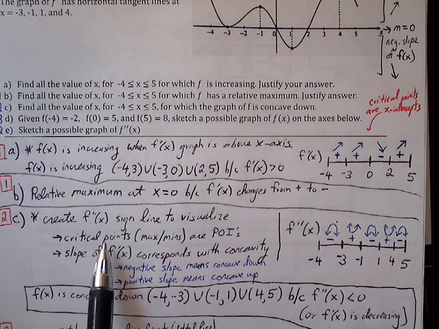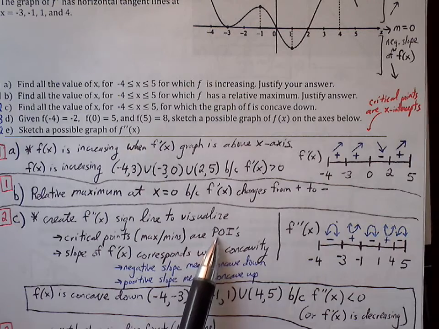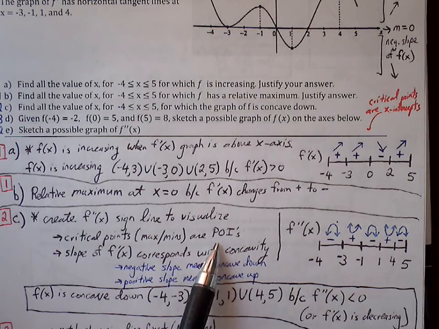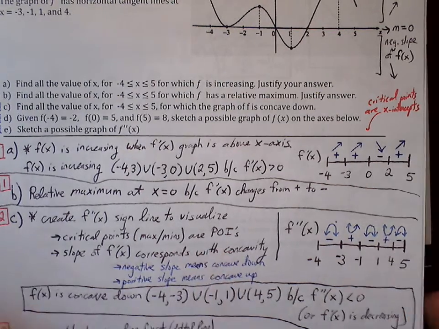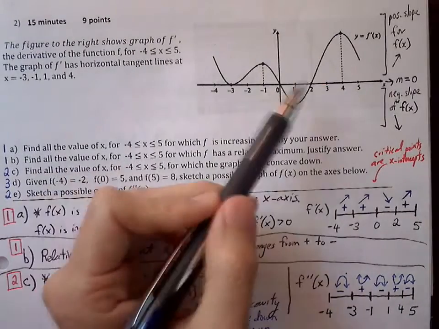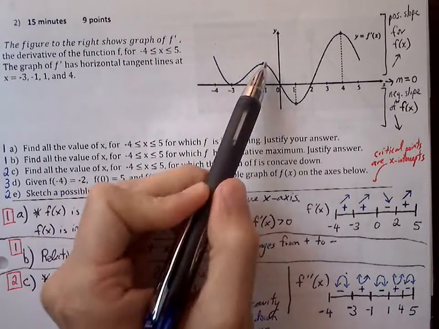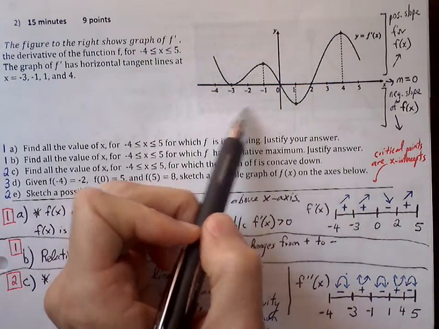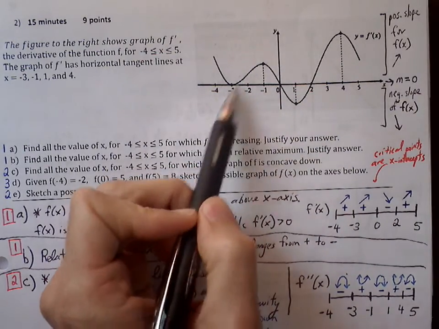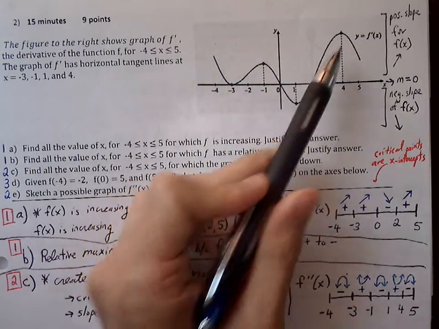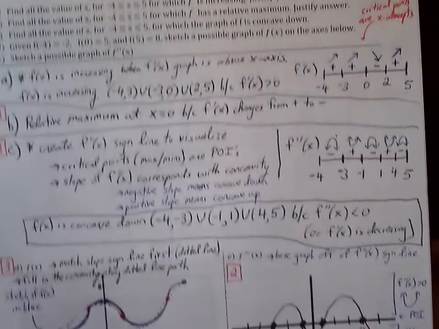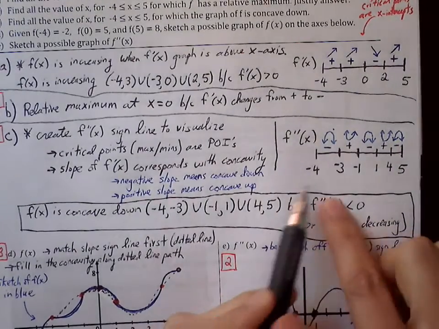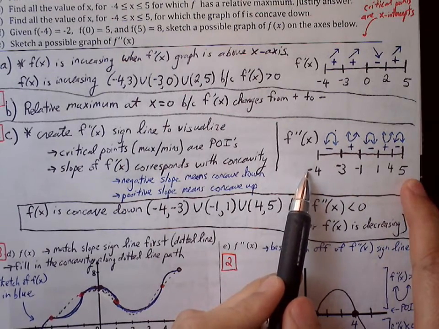The peaks and valleys are going to be places where points of inflection occur on the original graph. So if we're looking at the f prime graph, the maxes and mins are going to translate to points of inflection on the original graph. So -3, -1, 1, and 4. Those we can place onto our concavity sign line.